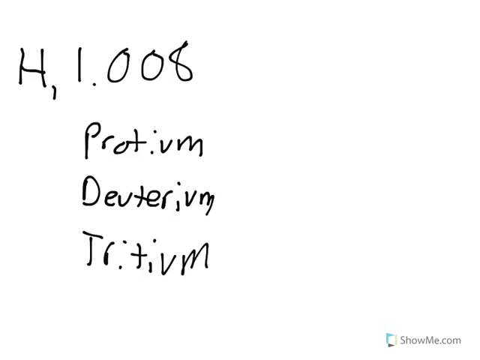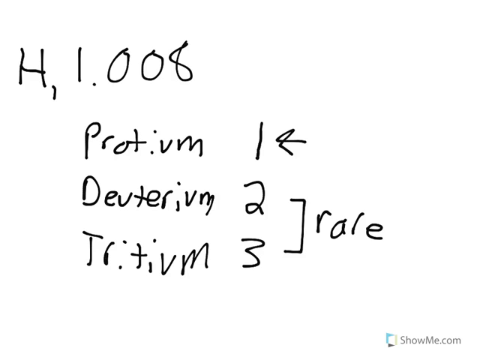Protium, the most common form of hydrogen, as we already know, has an atomic mass of 1, deuterium 2 and tritium 3. Now, deuterium and tritium are so rare that they occur very infrequently in nature. Protium, however, is very bountiful.